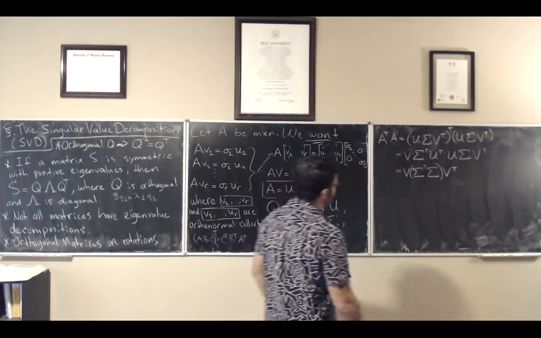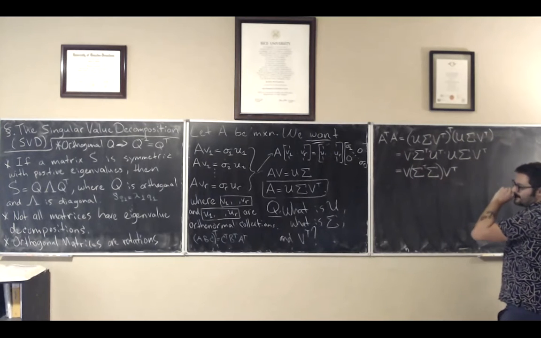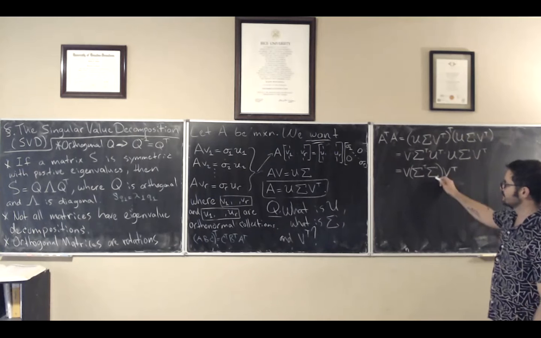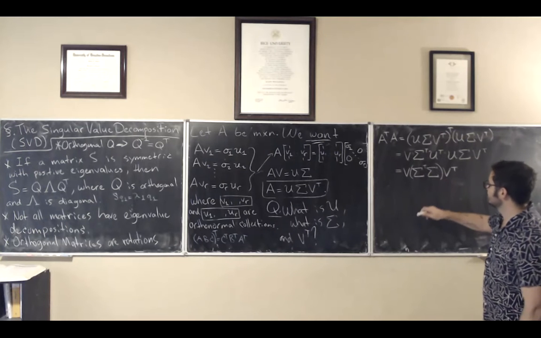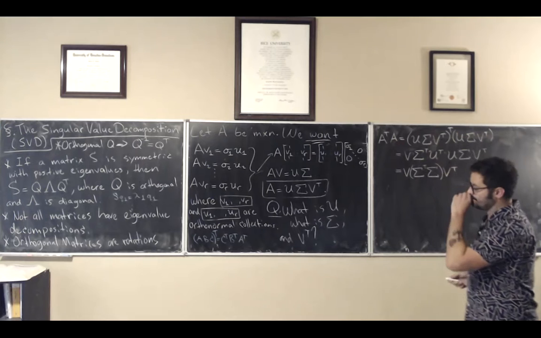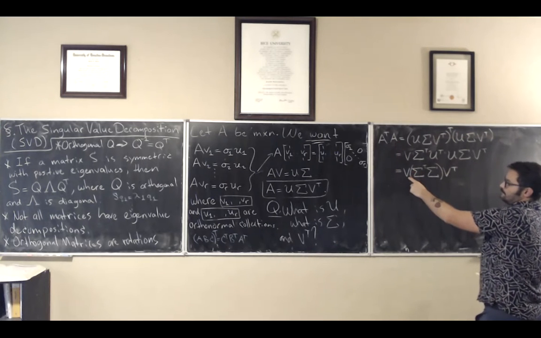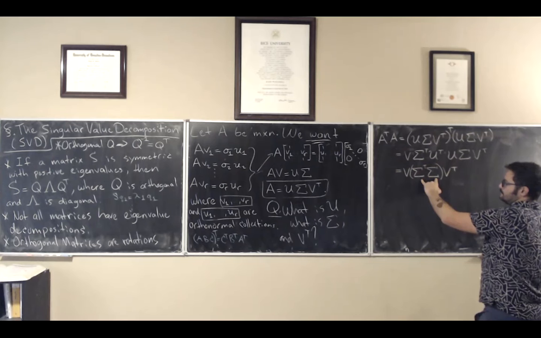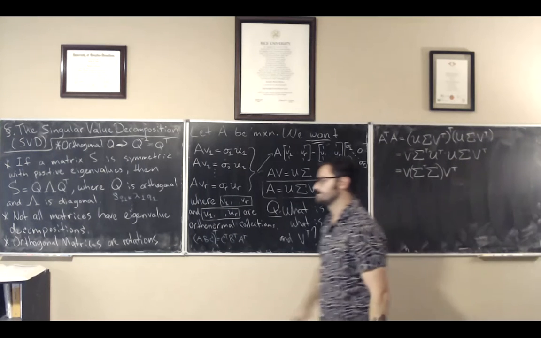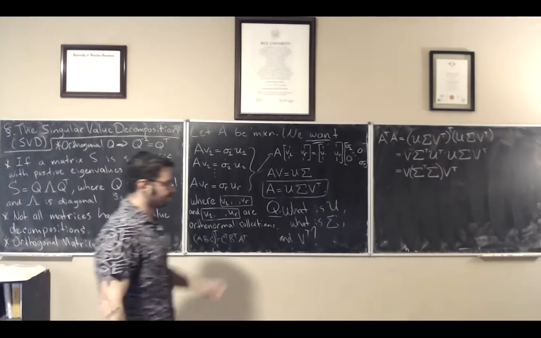We have orthogonal matrix, and diagonal times diagonal is going to be diagonal again. So this is still a diagonal matrix. This is going to be an n by n symmetric matrix with positive eigenvalues. We have orthogonal times diagonal times orthogonal transpose. Orthogonal times diagonal times that same orthogonal transpose.